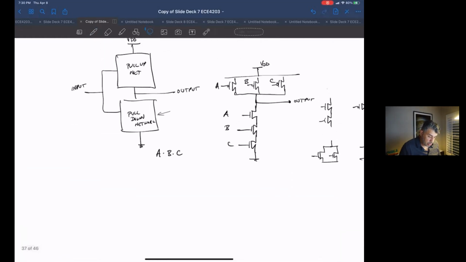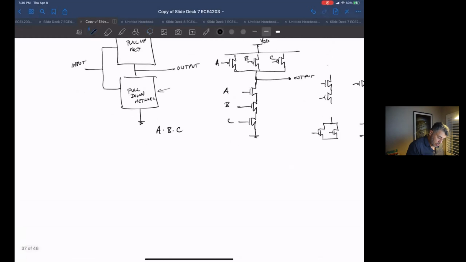So the unit inverter just looks like that, right? Just an inverter.